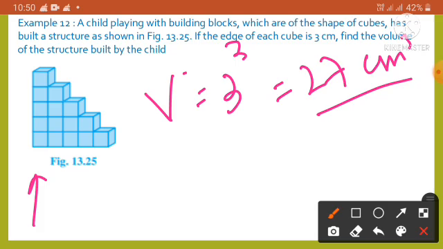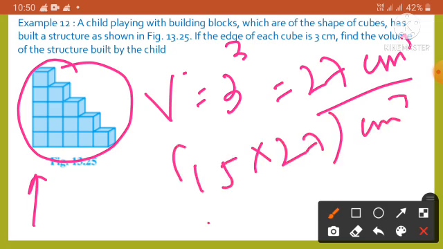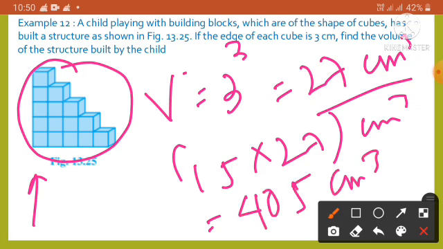Now the number of cubes in this structure is 15 here. Therefore the total volume of the structure will be 15 into 27 centimeter cube, so it will be 405 centimeter cube.